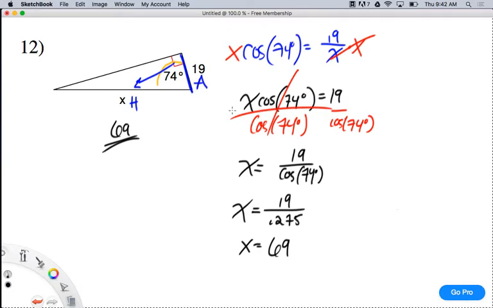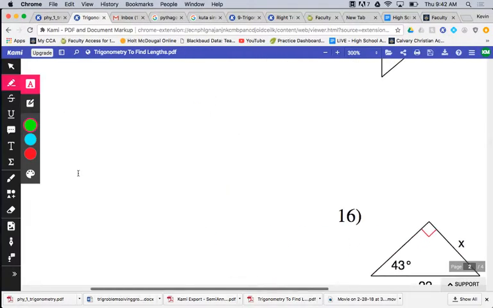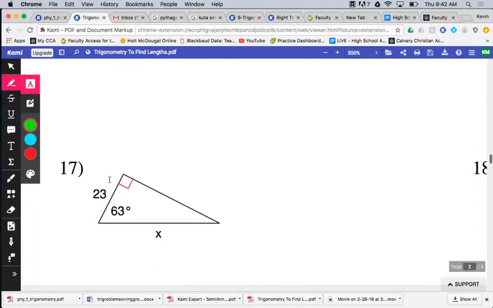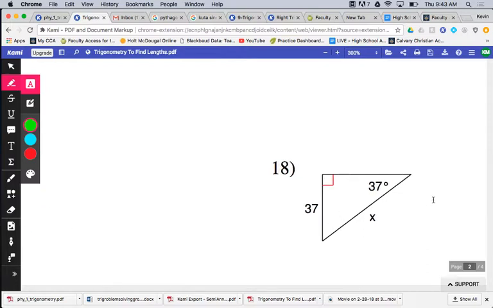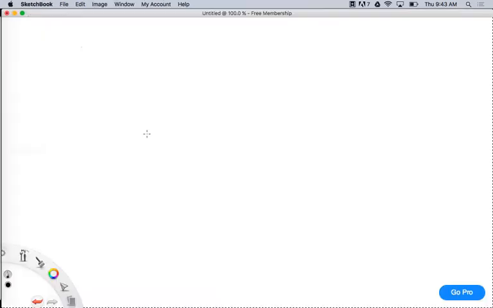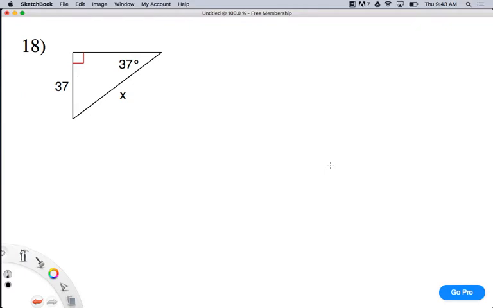Last one. We'll do number 18. Identify our angle here.